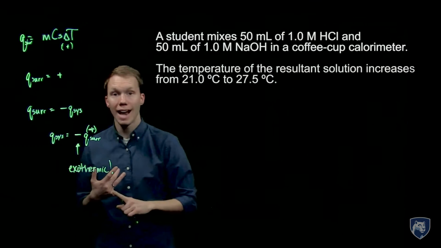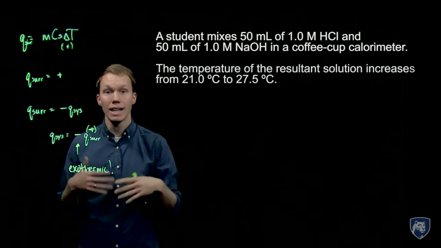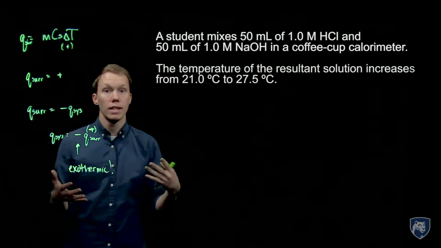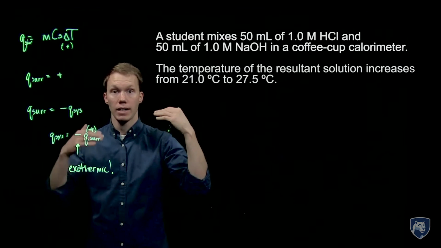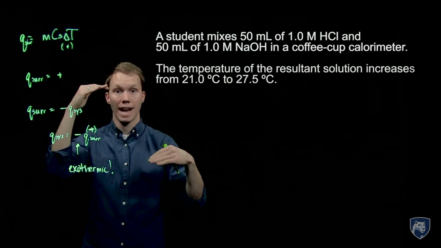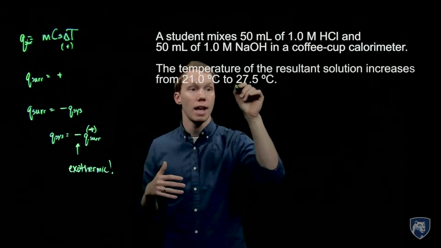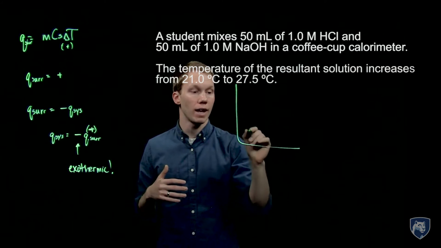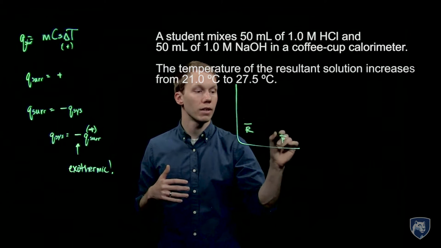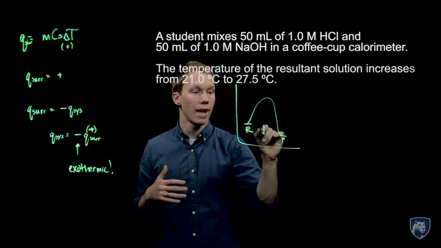Okay, so exothermic reactions mean that heat was released from that chemical reaction. The energy of my products is lower than that of my reactants. So if we're thinking about a reaction coordinate diagram where I have reactants and products, they would be at some lower energy.